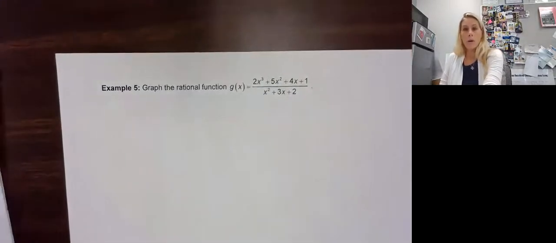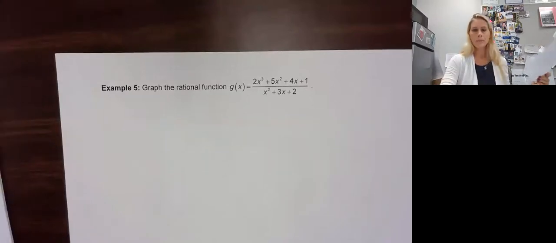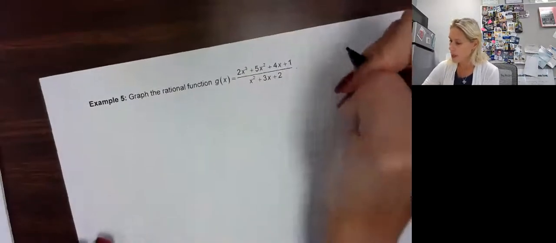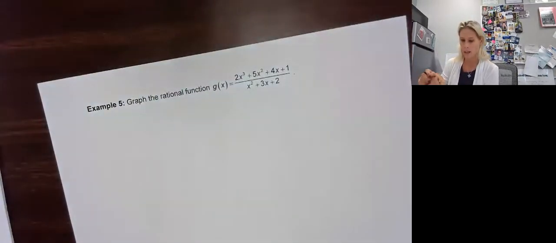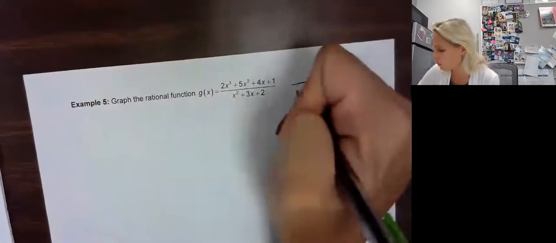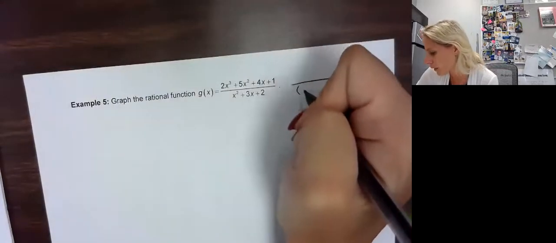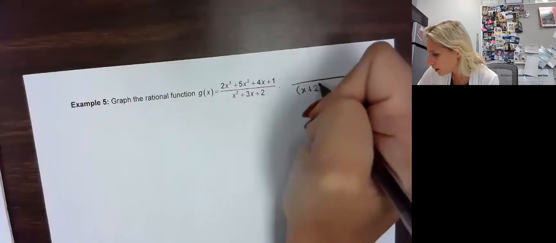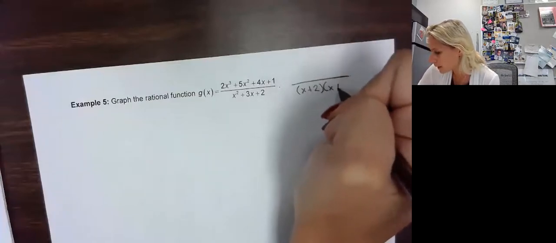All right, one more. On this one, guys, we have a couple issues, right? First, if we look at the domain, we need to make sure that we have the denominator in lowest form, right? So we can just factor out, we get x plus 2, x plus 1.